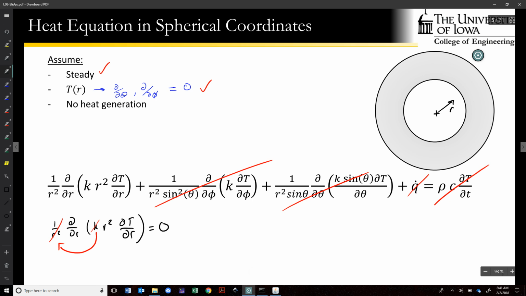And our simplified heat equation that we actually seek to solve would be d/dr of r squared dT/dr equals 0. Almost done here.